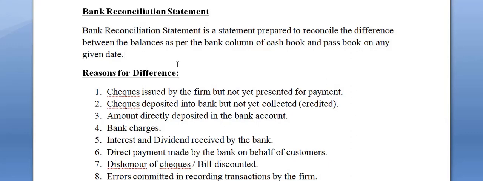Because as an accountant you will prepare various books of accounts regarding the financial transactions of a particular organization.